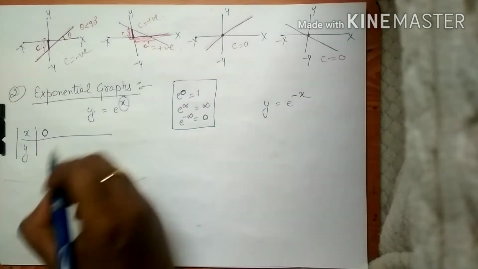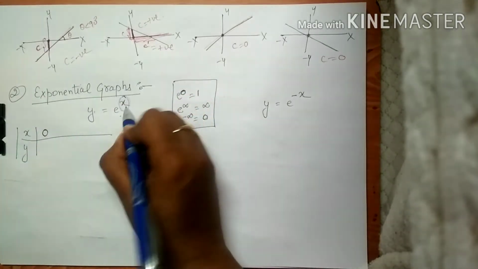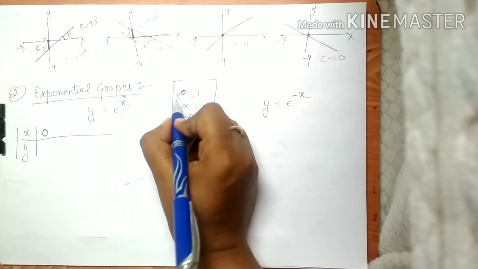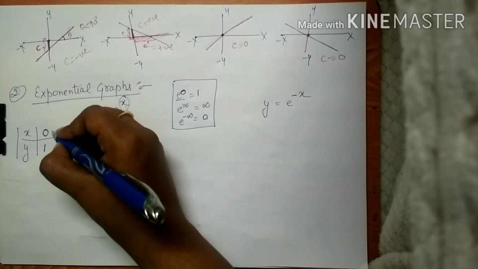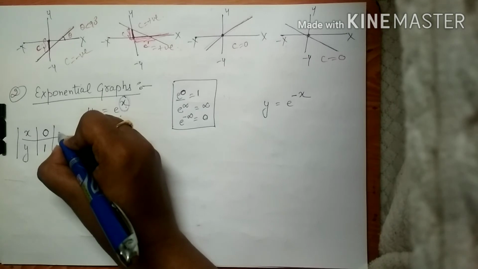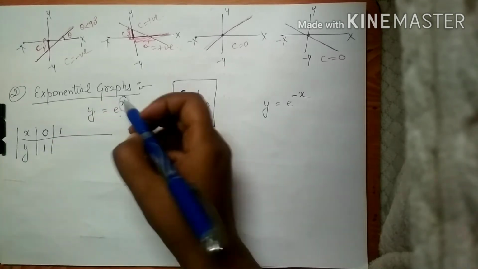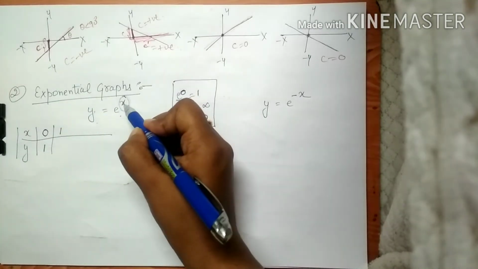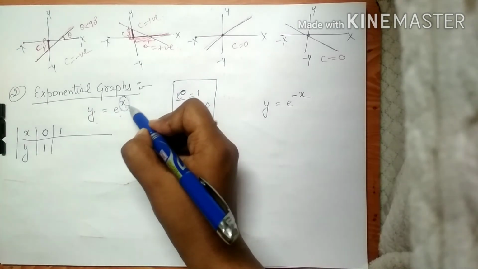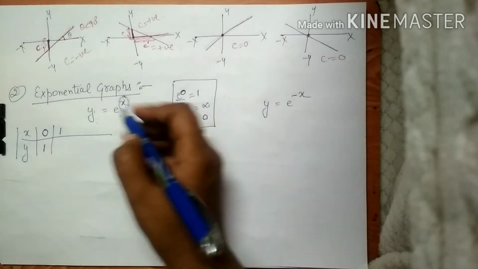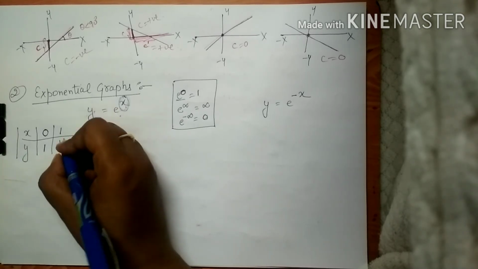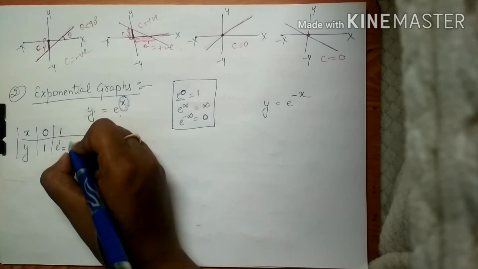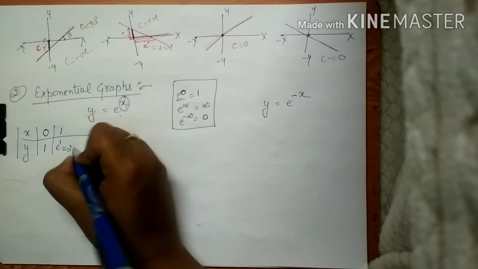Now when you put e to the power 0, you get value 1, because e to the power 0 is 1. For y you get value 1. When you put x equal to 1, you will get y equal to e to the power 1, and e to the power 1 has a value of 2.7.